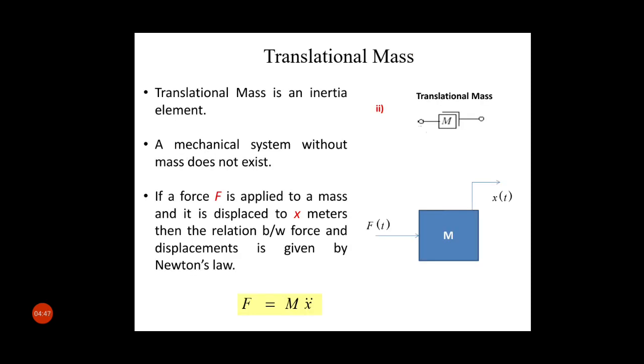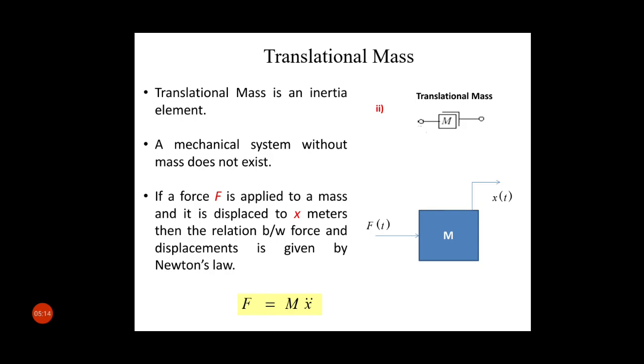Now coming to the second element, which is translational mass. Translational mass is an inertia element. A mechanical system without mass does not exist. So mass is a mechanical element and it has inertia.